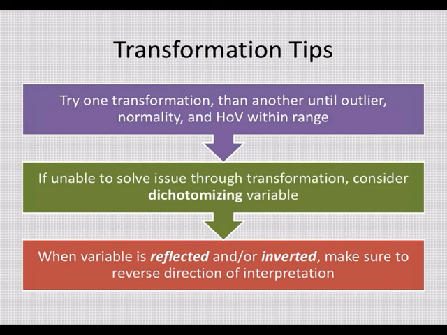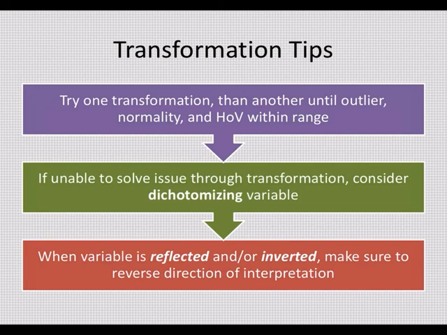Here are some tips for what we do when we transform data. We would usually just use one transformation at a time. Try the square root, and if it doesn't work, we move on to the log. If it doesn't work, we move on to the inverse. If it doesn't work, we move on to reflect and square root, reflect and log, reflect and inverse.